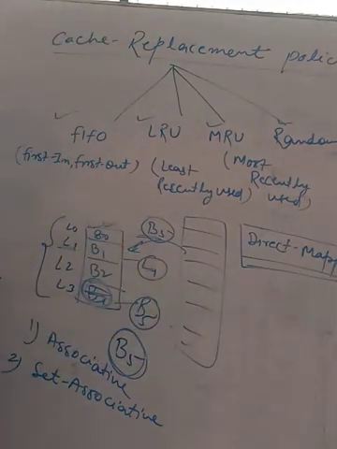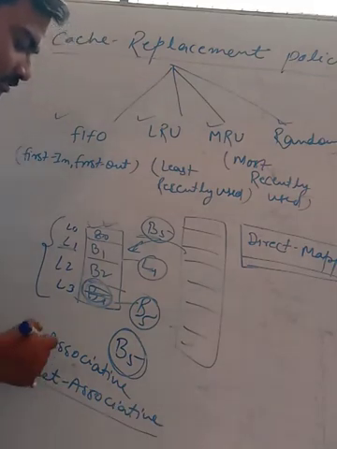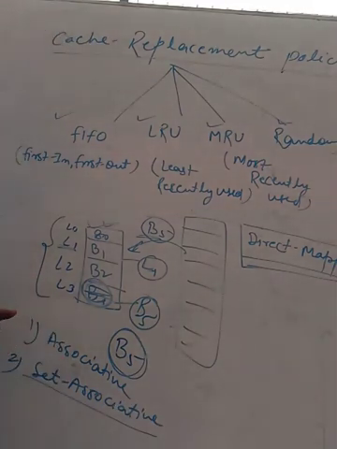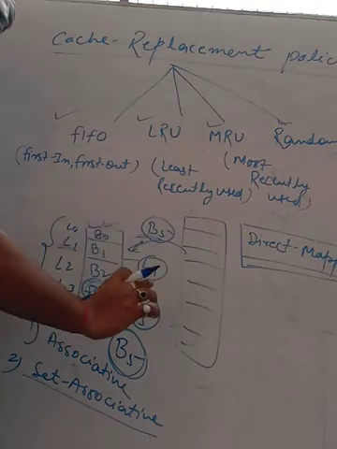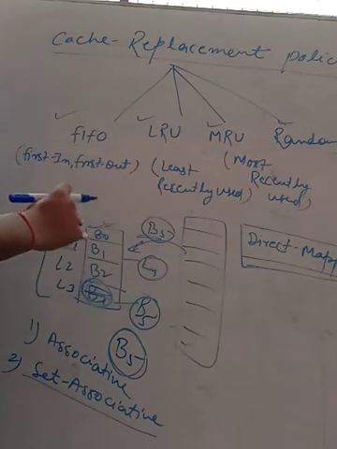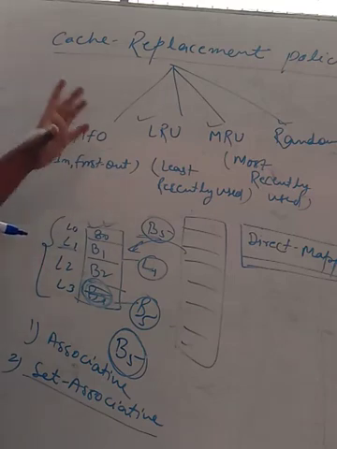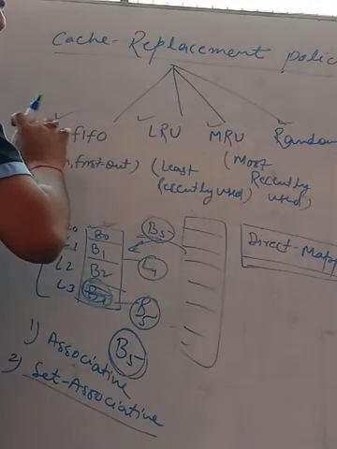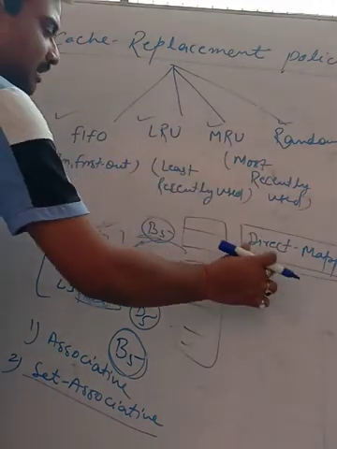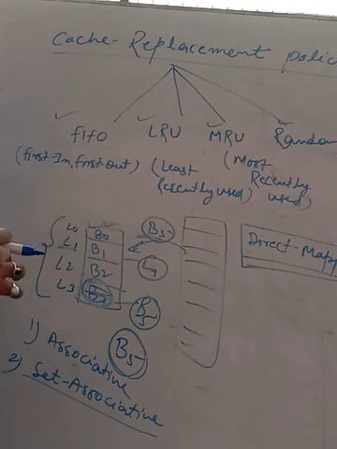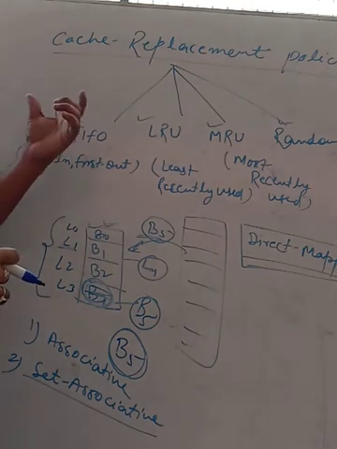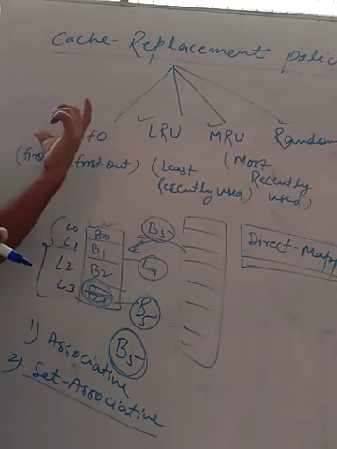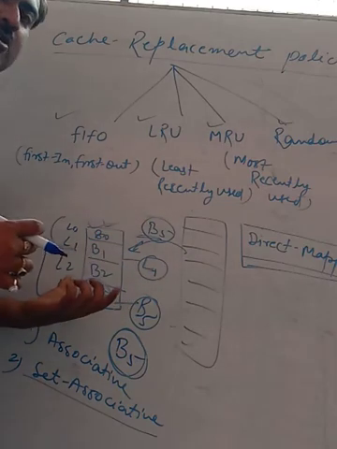That is the advantage of associative mapping. Similarly, in set associative mapping there is also a choice of sets, where we can store different blocks in a set. So this criterion can be applied in associative and set associative mapping, while in direct mapping it cannot. In the next session we will see how the first in first out algorithm works when the cache memory is already filled.